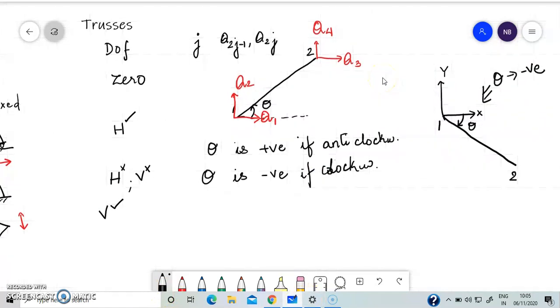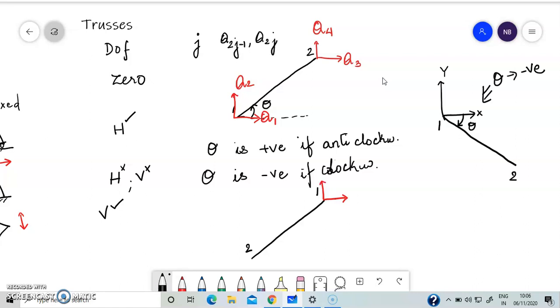Now, it also depends upon which one we consider the first node and which one we consider the second node. Say we have a truss element like this, and we decide that we want this as node 1 and this as node 2. So we place our reference axis at the first node.